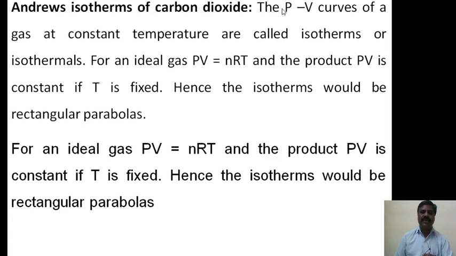The graph is plotted as pressure versus volume. Pressure is taken on the y-axis and volume on the x-axis, and keeping the temperature constant, a curve is obtained, and that curve is called an isotherm. Therefore, the pressure-volume curves of a gas at constant temperature are called isotherms or isothermals.